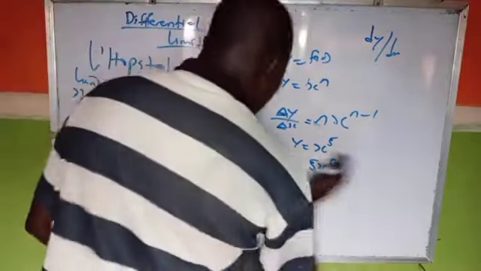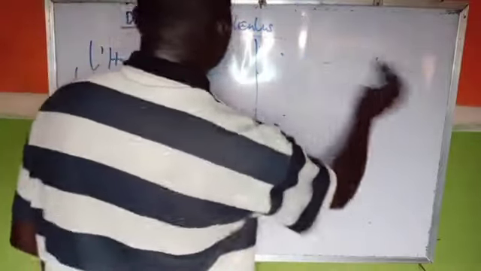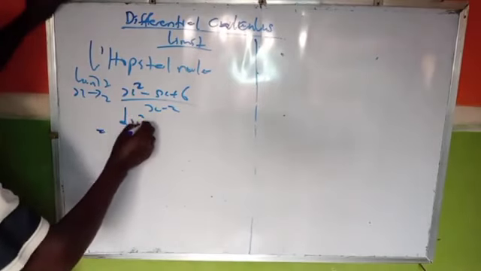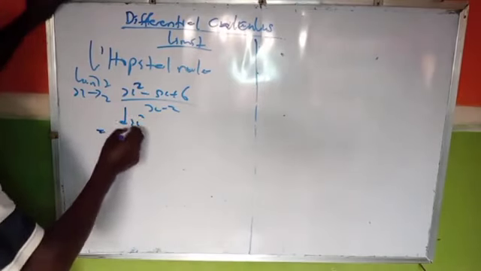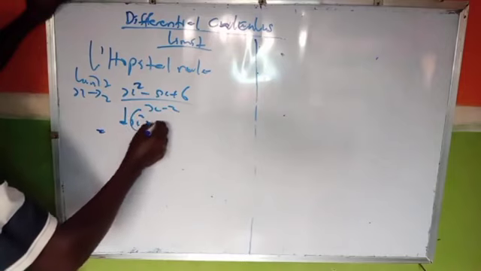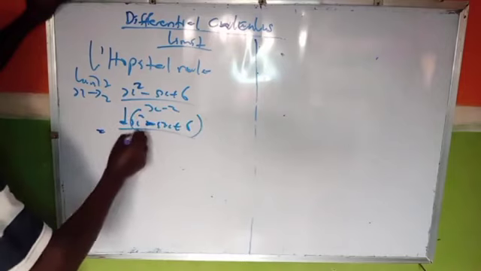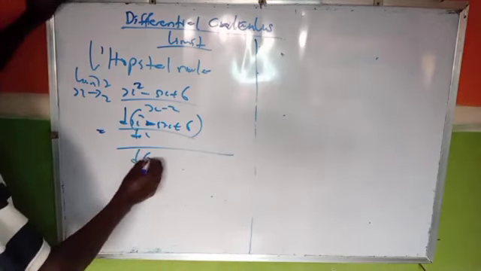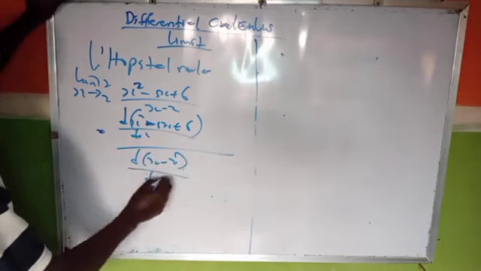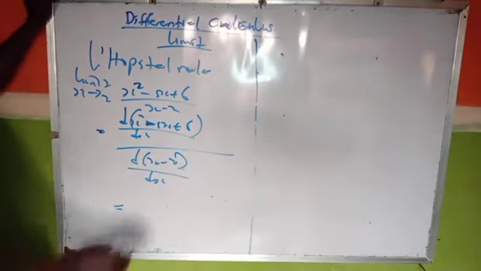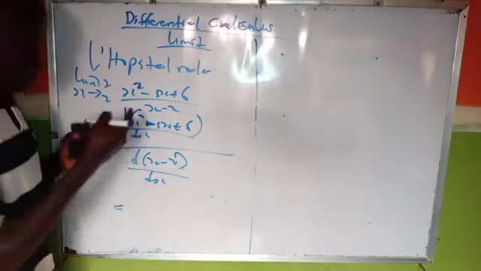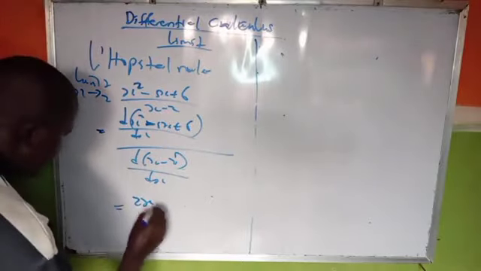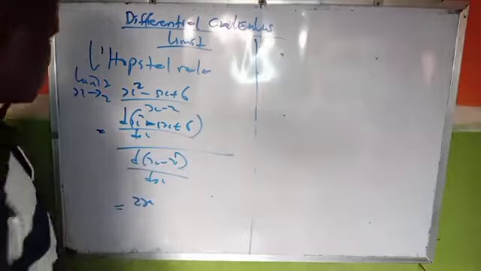Now what we are going to apply here: the limit of x squared minus 5x plus 6 divided by x minus 2. For x squared, the derivative is 2x, since 2 minus 1 gives you 1.